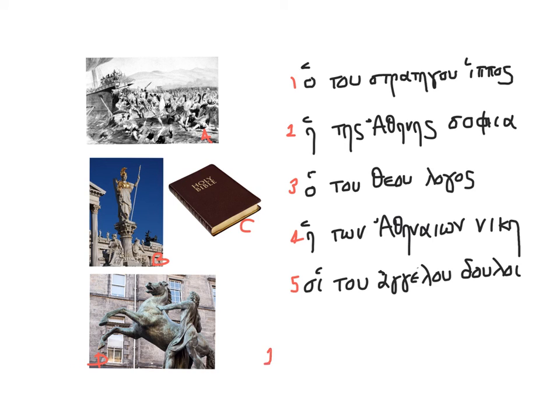So we will match 1 with D. The second expression is hee tees Athenees sophia, the of Athena wisdom, or in better English, Athena's wisdom, or the wisdom of Athena. I might say wisdom of Athene. Now I'm going to match that with B, because B is a statue of Athene.